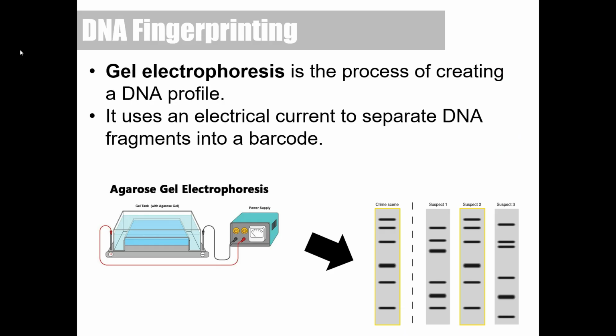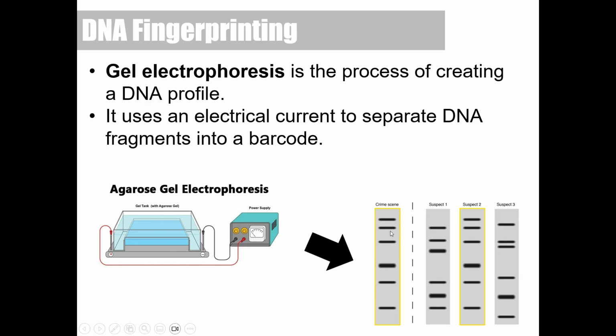Earlier when I mentioned gel electrophoresis, it is a complicated process, but in a nutshell, it's just the process of creating a DNA profile. And so in the bottom right-hand corner, you can see an example of a DNA profile. So we have collected crime scene DNA, and then we have collected the DNA from 3 suspects that we believe might have something to do with this crime.